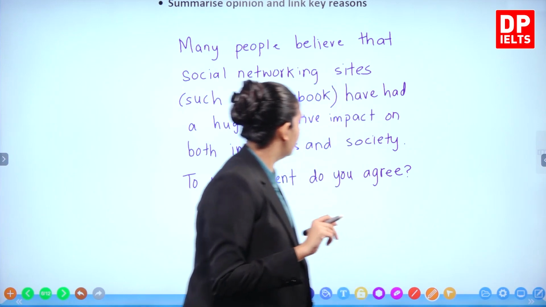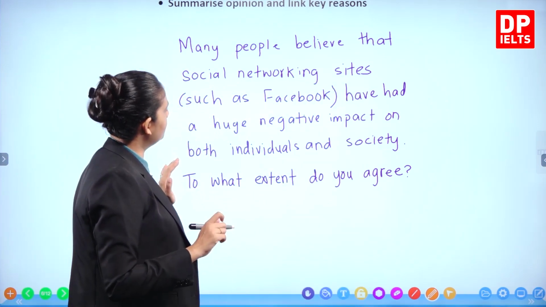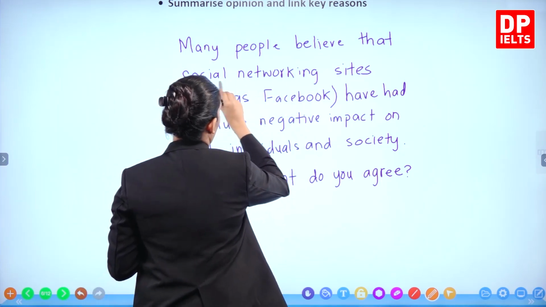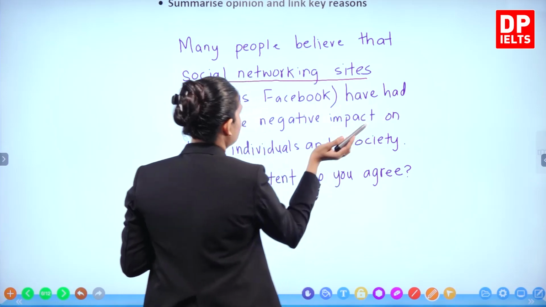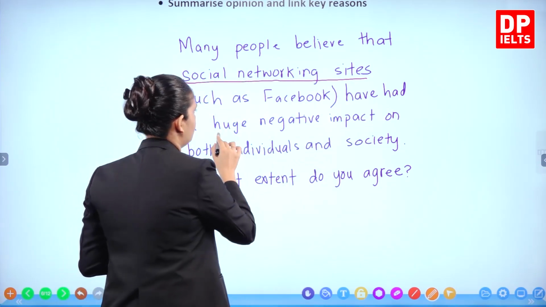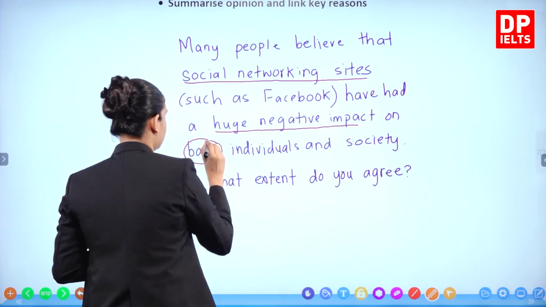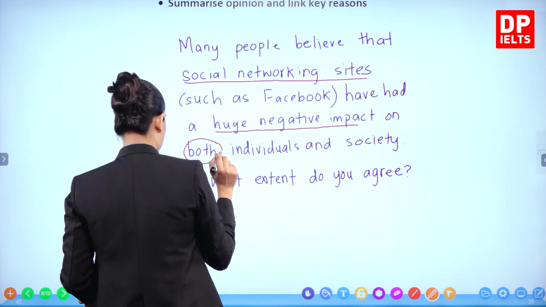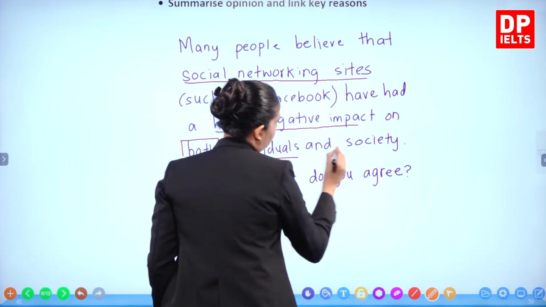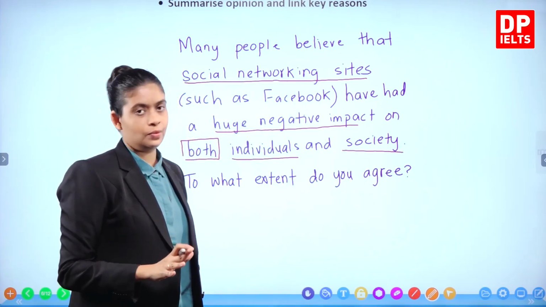now they are giving you a question, okay? So many people believe that social networking sites, and they're giving you an example like Facebook, have had a huge negative impact on both, so they're telling you both individuals and society. To what extent do you agree?